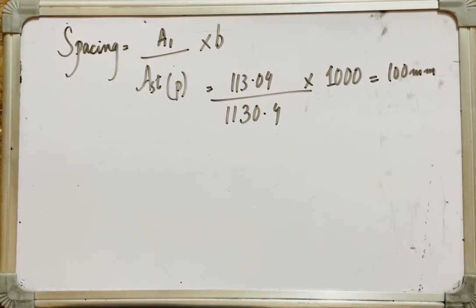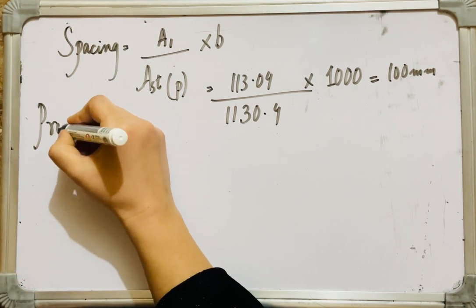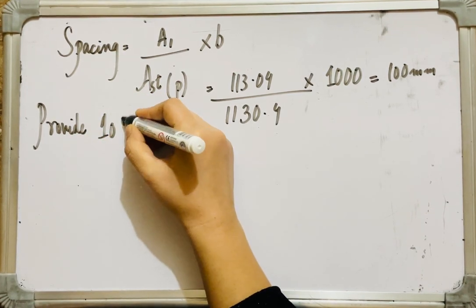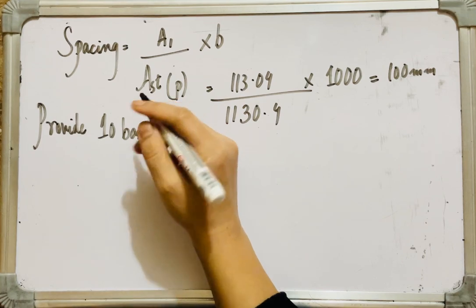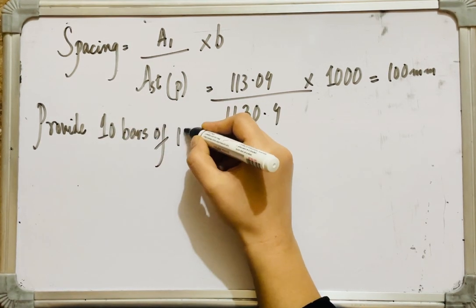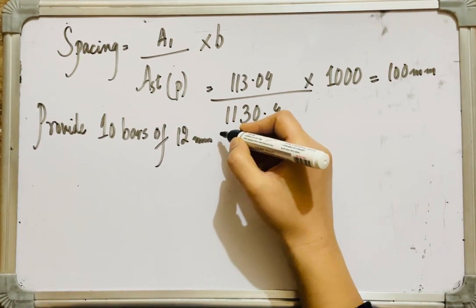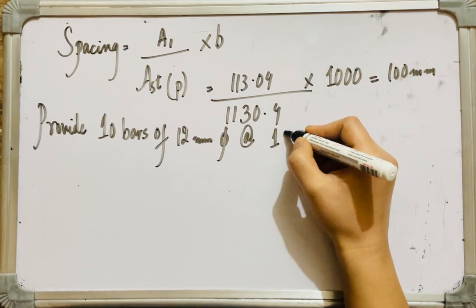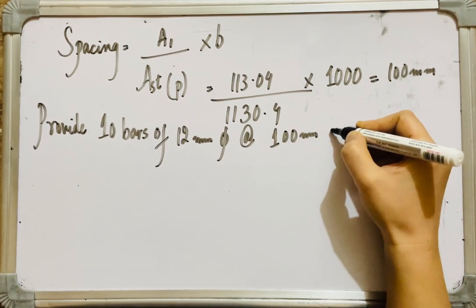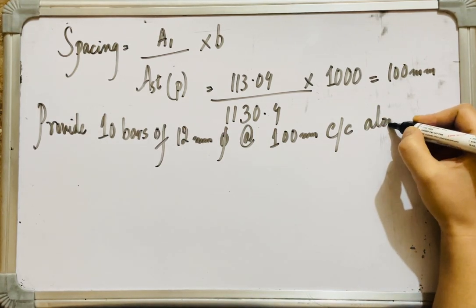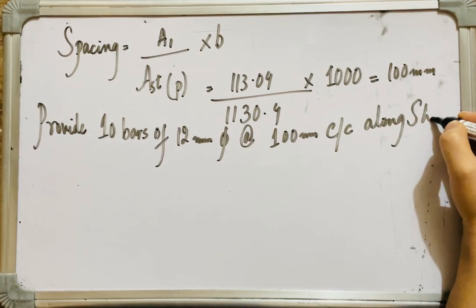All right, so spacing between the bars is 100 mm. So I'll write: provide 10 bars of 12 mm dia at the rate of 100 mm center to center along the span, short span.